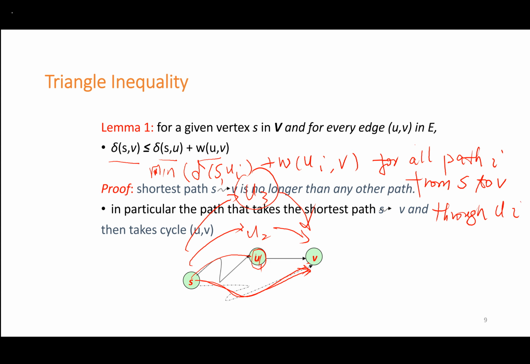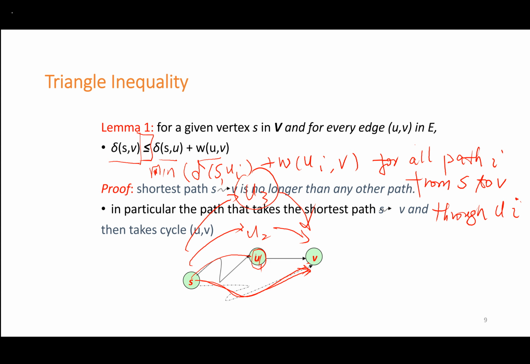So it means the shortest path from S to V is smaller than or equal to the minimum over every specific path through U_i, right?